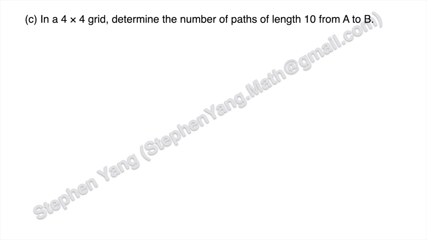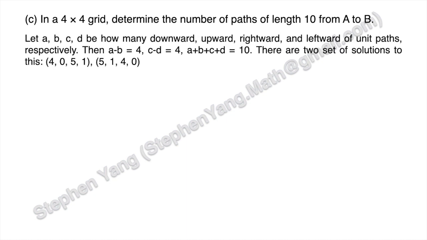In a 4 times 4 grid, determine the number of paths of length 10 from A to B. So let A, B, C, and D be the numbers of downward, upward, rightward, and leftward unit paths respectively. Then we have A minus B equals 4 and C minus D equals 4. Also, A plus B plus C plus D equals 10.